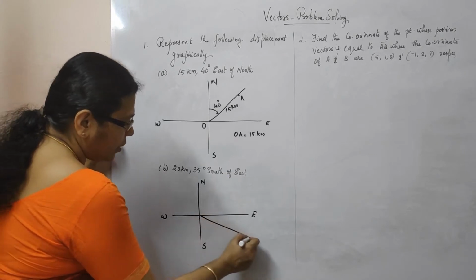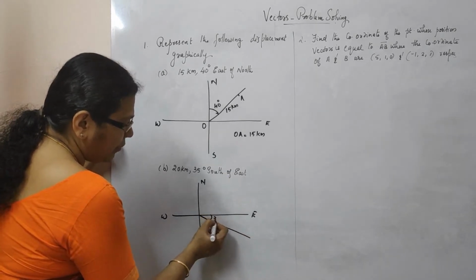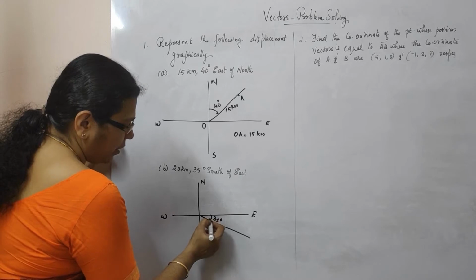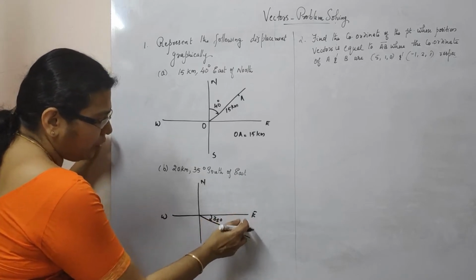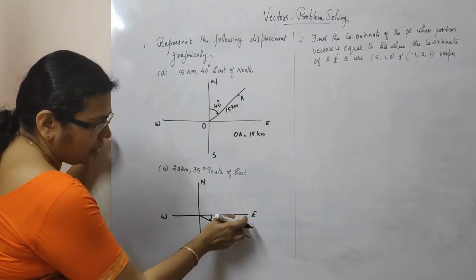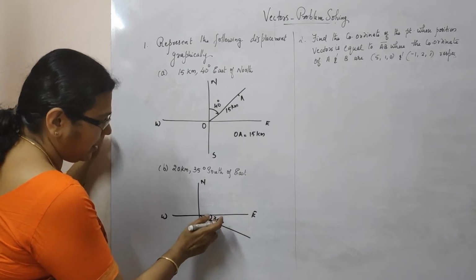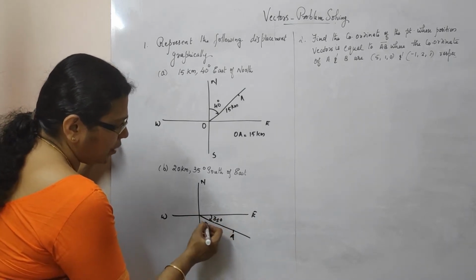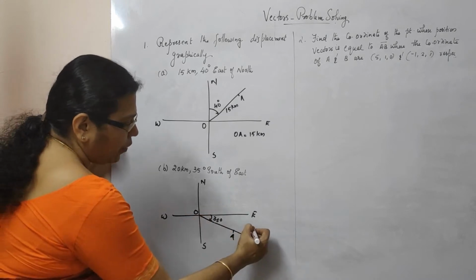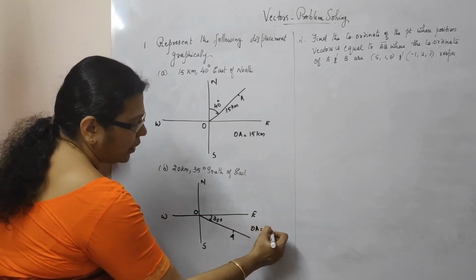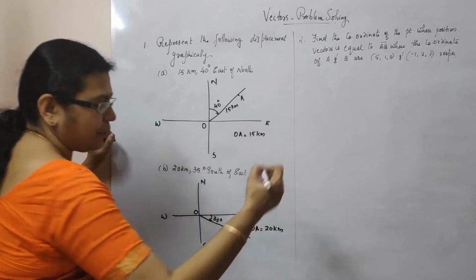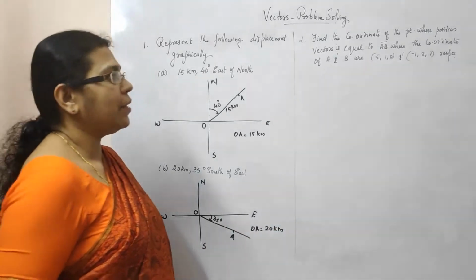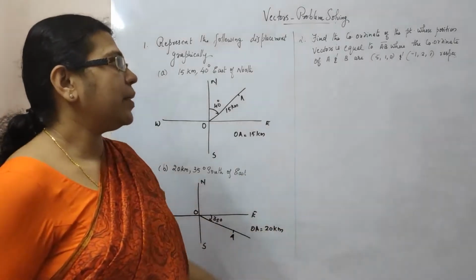What is the degree measure there? The degree measure is 35 degrees. South of east. Towards the south from east. That is 35 degrees here. And 20 kilometers. If I mark this as A, this measure OA, OA is equal to 20 kilometers. This is how I will write it. Am I clear? Okay.